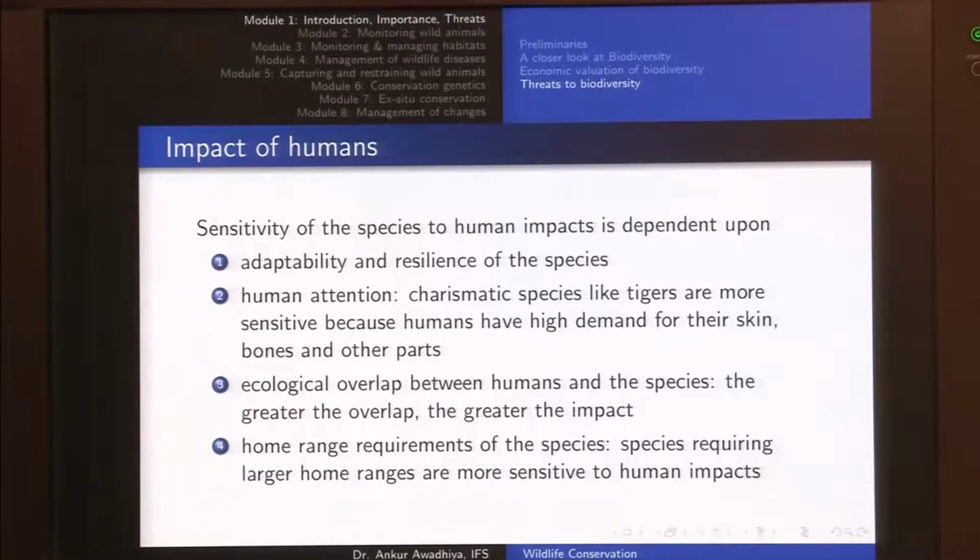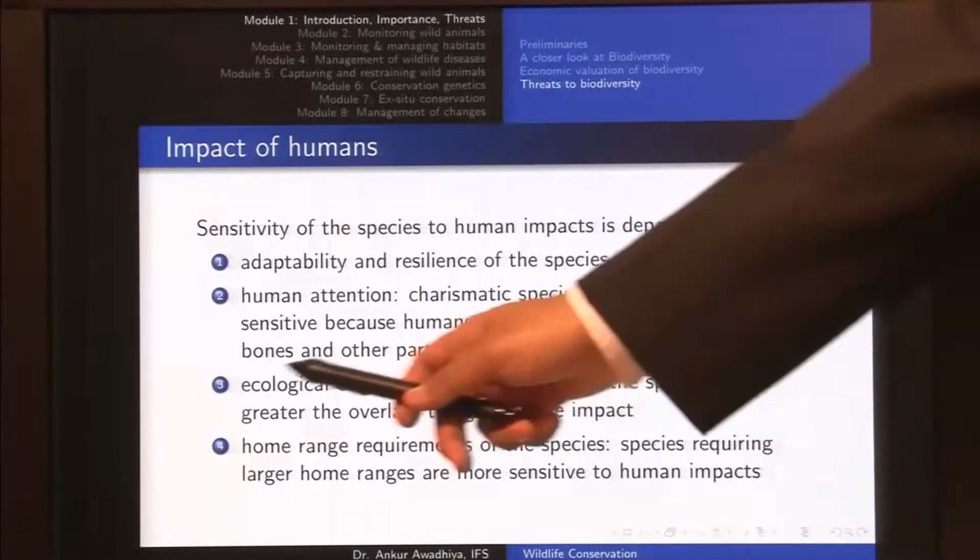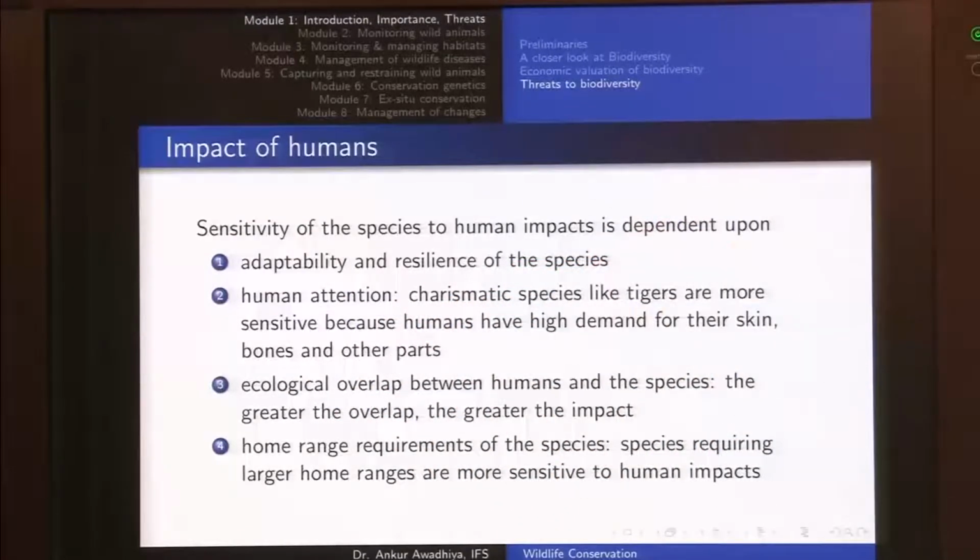So, for instance, if we consider our Indo-Gangetic floodplains that cover the northern areas of our country, we have observed quite a huge amount of ecological overlap, because earlier those areas were forested, but then human beings also wanted to live in those areas, human beings also wanted to cultivate those areas.